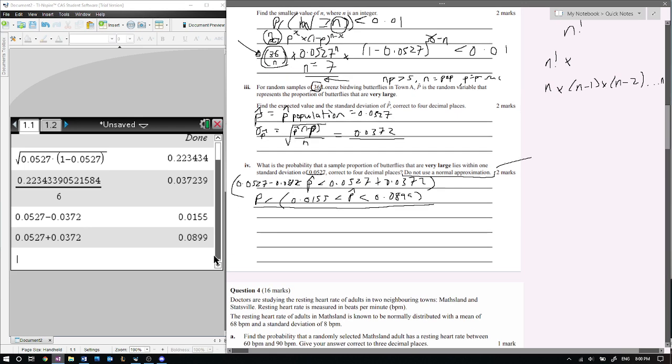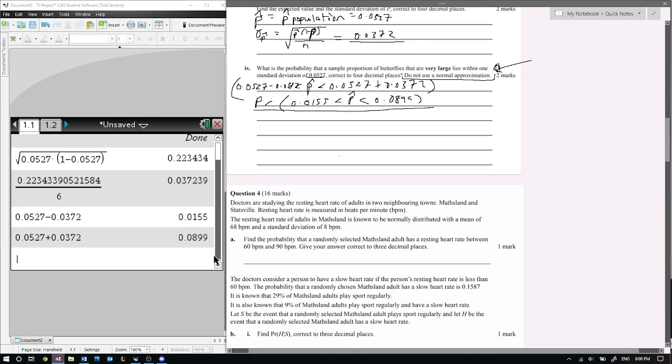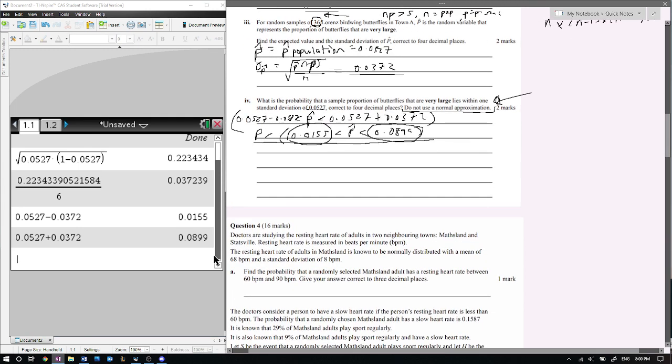I'll explain this later, but right now the key thing to take away from this stream is to always convert these values into their actual x values. What I mean by that is, if you think about it, a proportion of 0.0155 is basically saying that 0.0155 of the entire population has a specific trait.